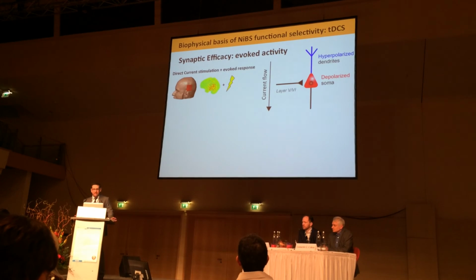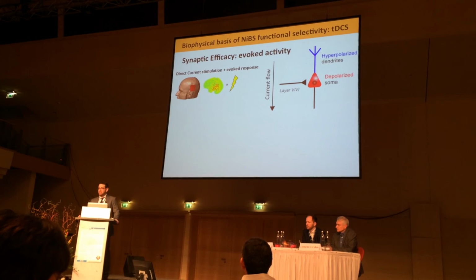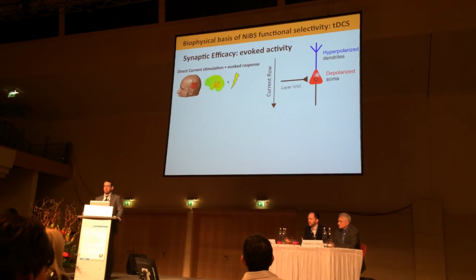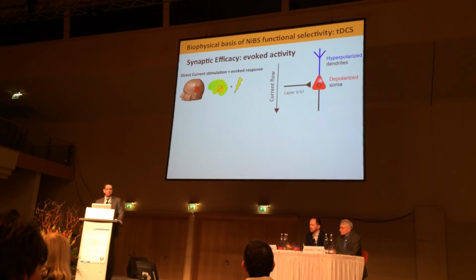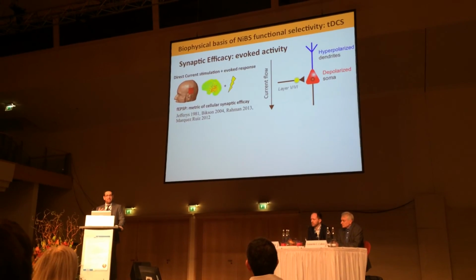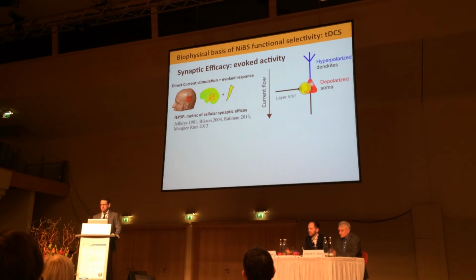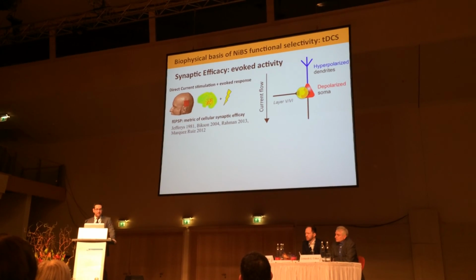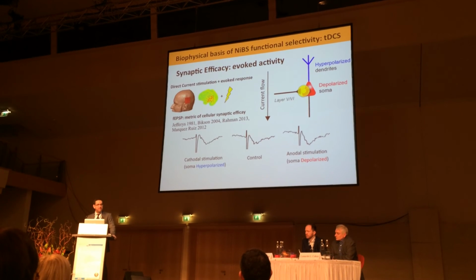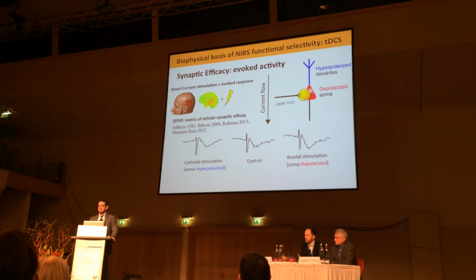A whole other class of animal studies has focused on looking at the effect of tDCS on synaptic efficacy. And so there are animal versions of the TMS, tDCS paradigm, where you use a targeted pulse to trigger an excitatory postsynaptic potential that can be measured intracellularly or extracellularly, and you apply a field on top of that. This issue has been looked at for decades, and it has been shown that low-intensity direct current can make these responses bigger or smaller.